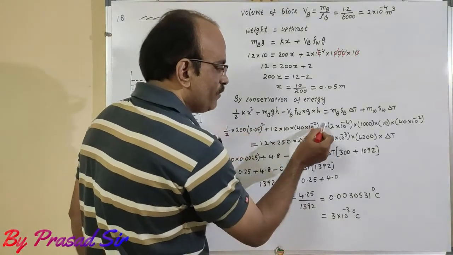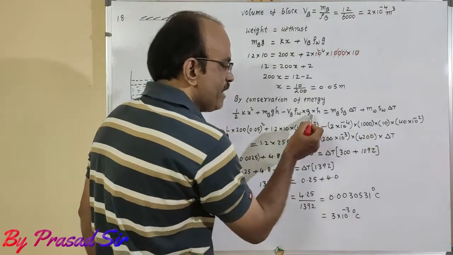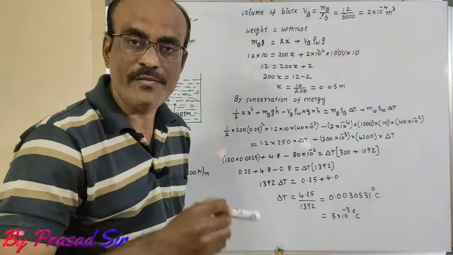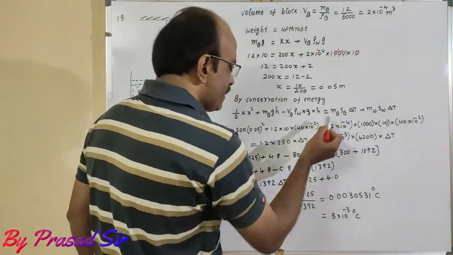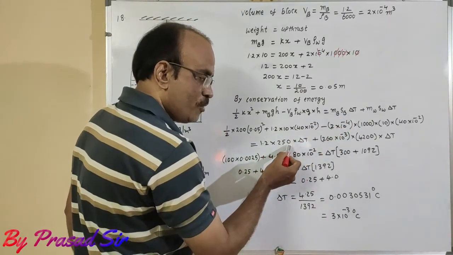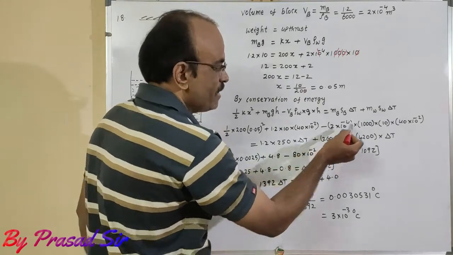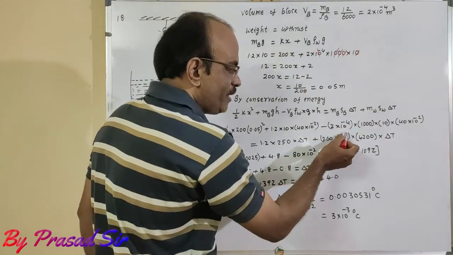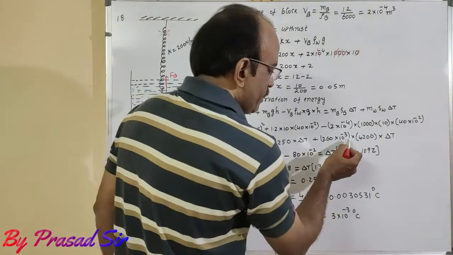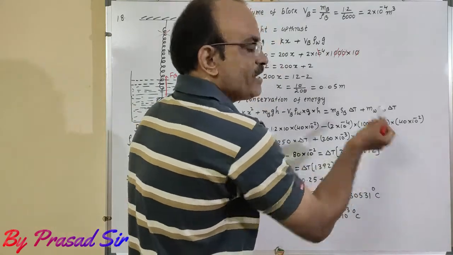Minus volume of the block, that is 2 into 10 to the power of minus 4, density of the water 1000 and gravity 10 and again height, that is 40 into 10 to the power of minus 2 we will take, is equal to mass of the block 1.2, specific heat of the block 250 joule per kg into rise in temperature, this one we want to calculate, plus again mass of the water 260 into 10 to the power of minus 3, into specific heat of water 4200 into rise in temperature delta T.